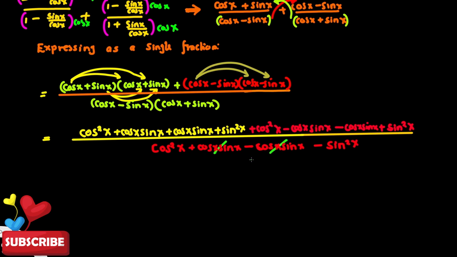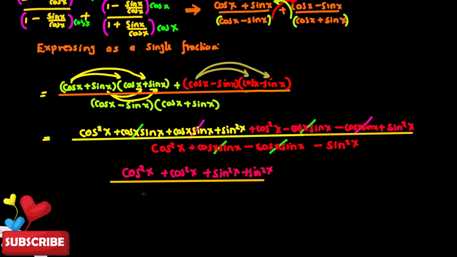So you can see this part and this part will cancel out, and also in the numerator we shall have these terms cancelling out, and we end up remaining with a simplified expression whereby we shall have cos squared x plus cos squared x, then we shall also have plus sine squared x, and also there is another term here, the last term, which is sine squared x at that particular point. At the denominator, we're going to remain with cos squared x minus sine squared x.